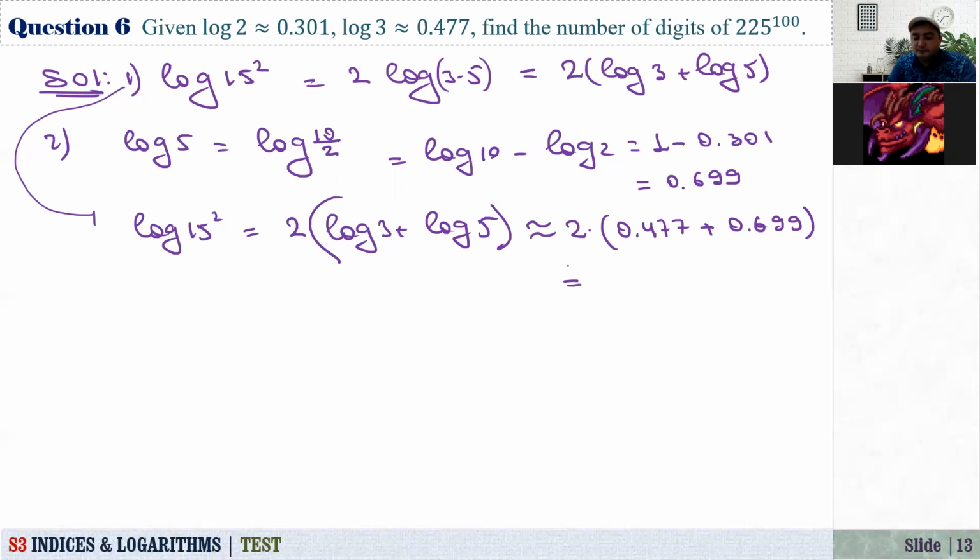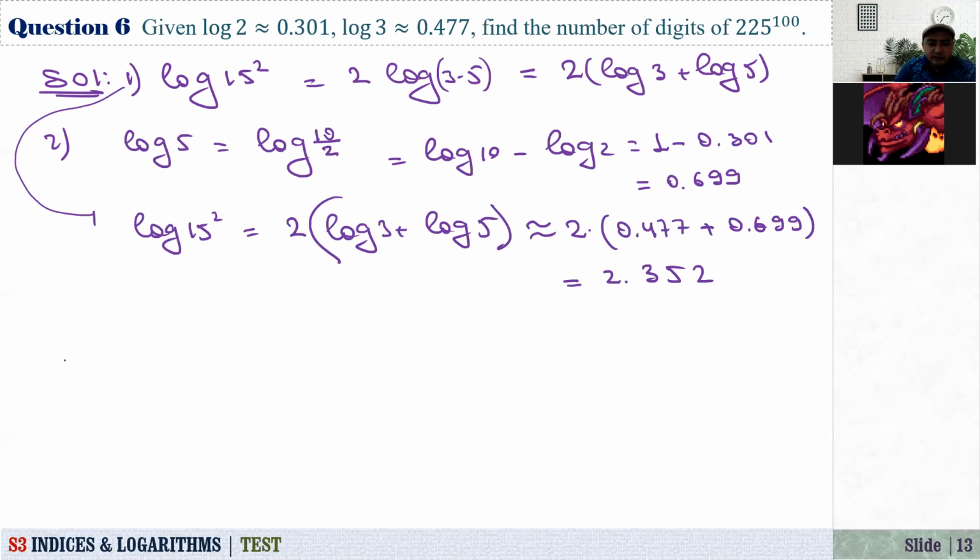That's equal to 2.352. Okay. Anyway, so that's it. So this log 15 squared, like 225, that's equal to this.